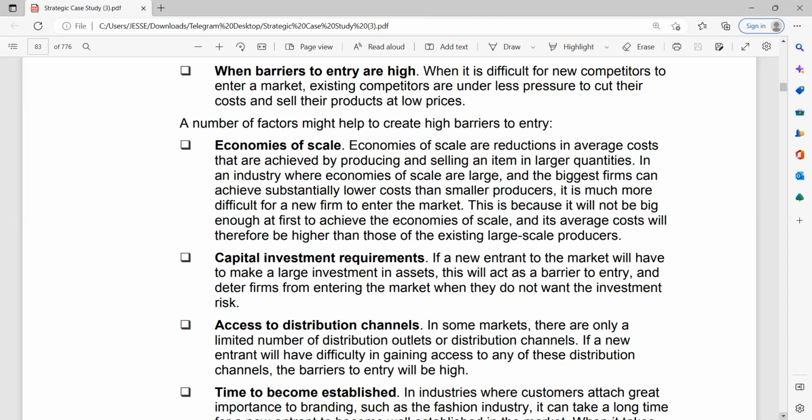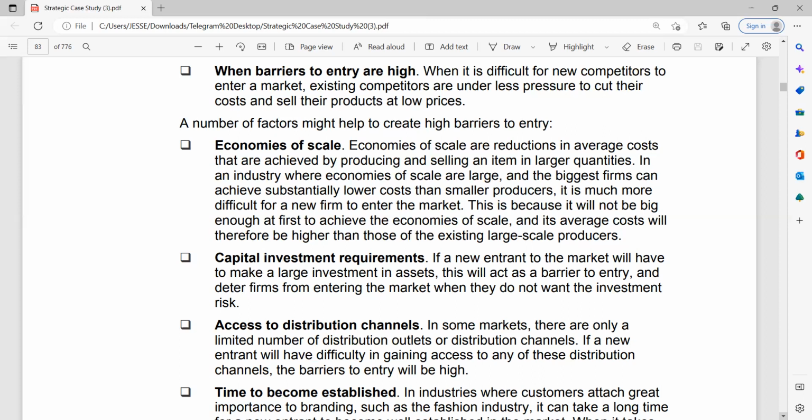Very, very important. So there's a reason why there are few telecommunications companies, because the investment is high. There's a reason why there's a few space travel companies, because the cost is very, very high. Access to distribution channel. In some markets, there are only a limited number of distribution outlets or distribution channels.